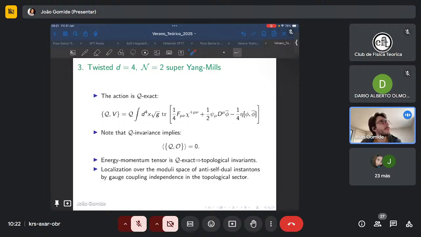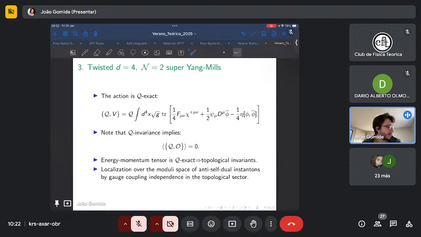From the physicist's point of view, topological theories are usually cool because they are simpler. In some sense they are simpler. You have more control over the configurations you're dealing with, or more control over how to make computations and stuff like that.